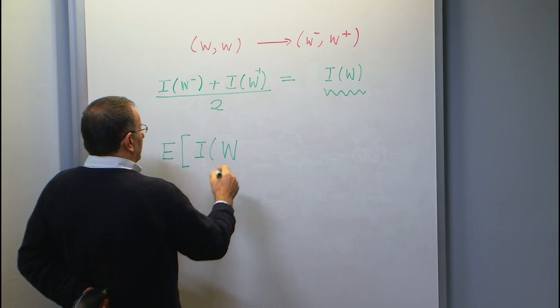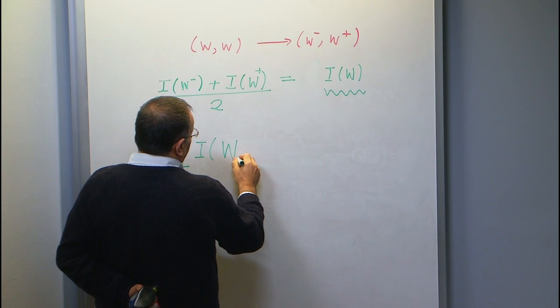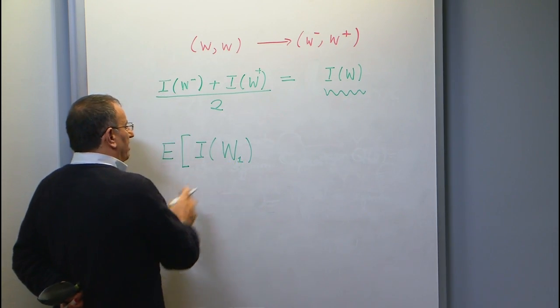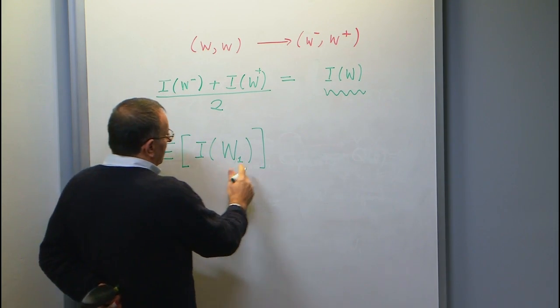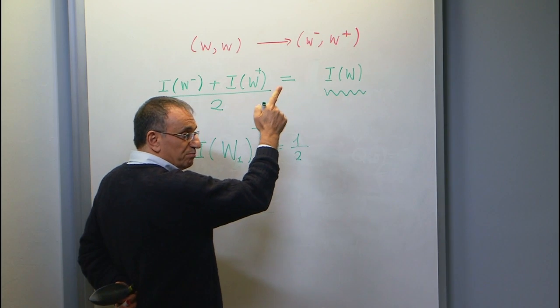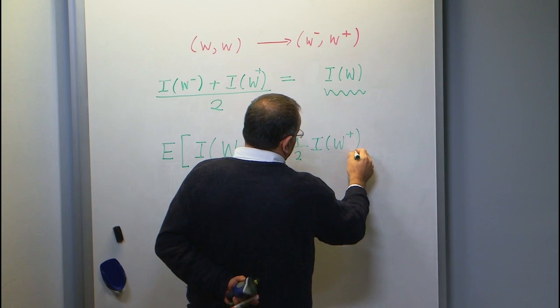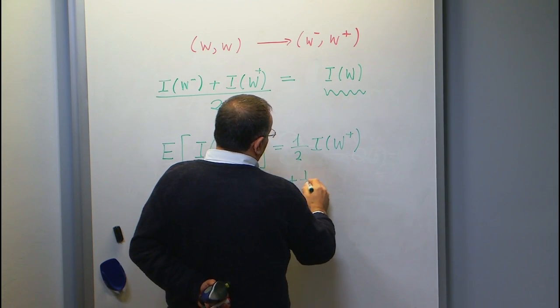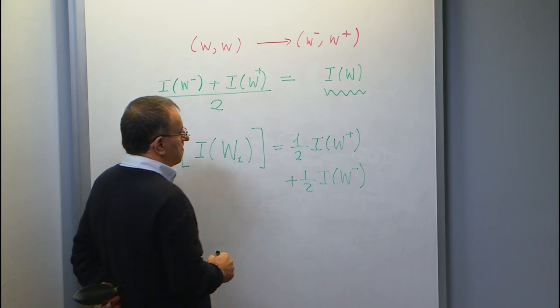So the expected value at time 1 of my mutual information, or channel capacity, is: with probability 1/2, I go up and I get this capacity; with probability 1/2, I go down, I get this one.